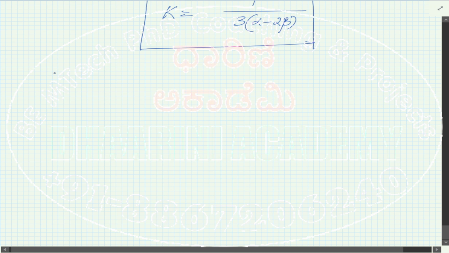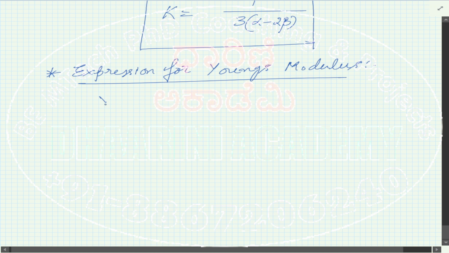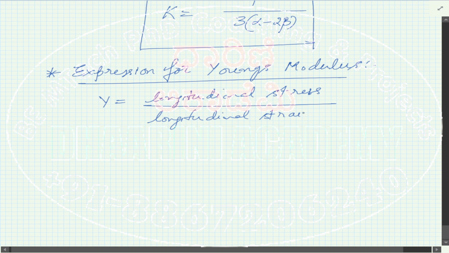Okay, then next concept is you are going to calculate the expression for Young's modulus. So as per the definition, we know that Y is given by longitudinal stress divided by the longitudinal strain, right?